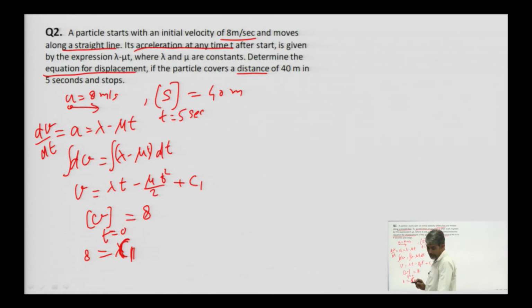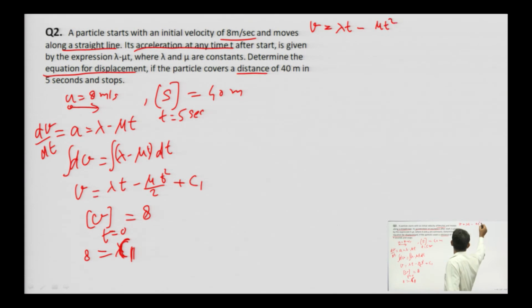So we are getting v is equal to lambda t minus mu t square by 2 plus 8.